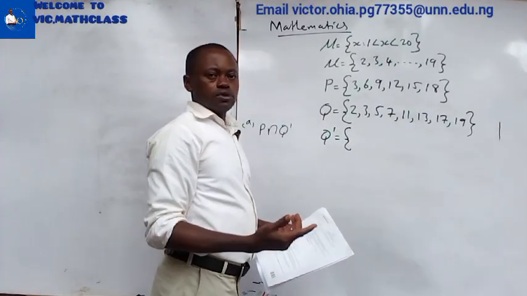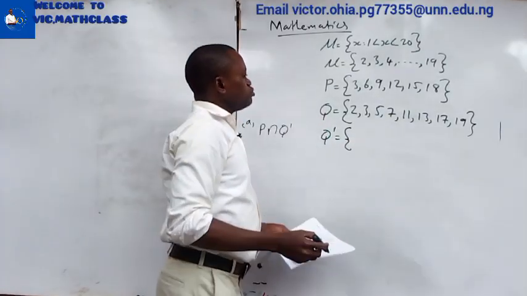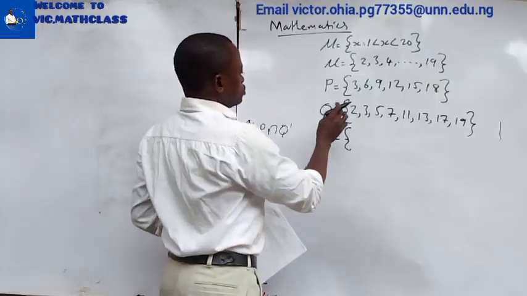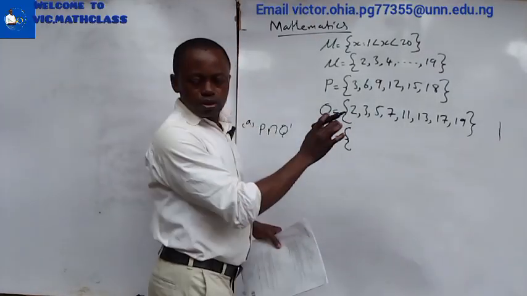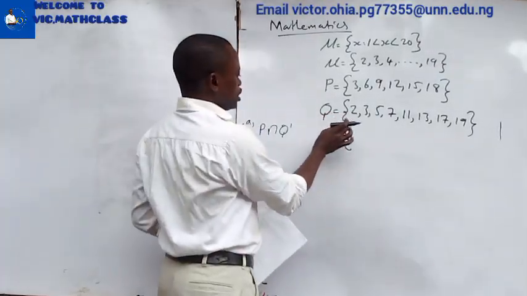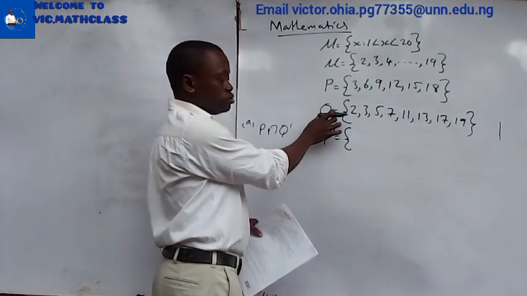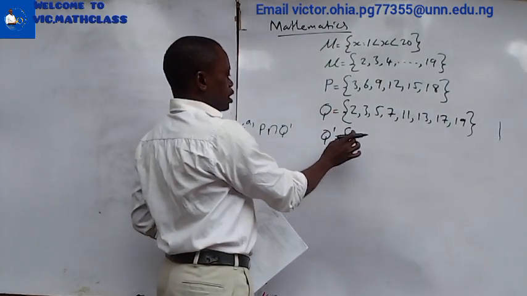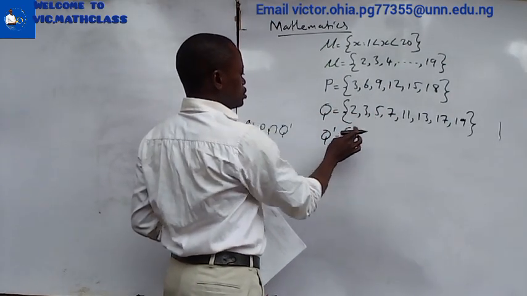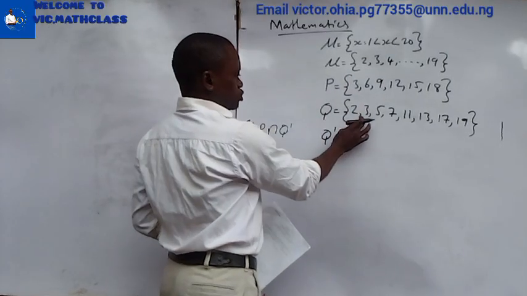How do we find them? The way we are going to find them is simply to go to this subset Q and begin to check what is in the universal set but is not here.